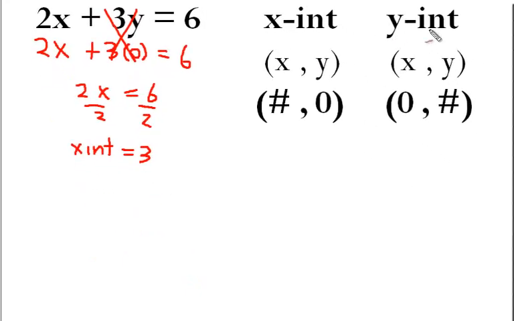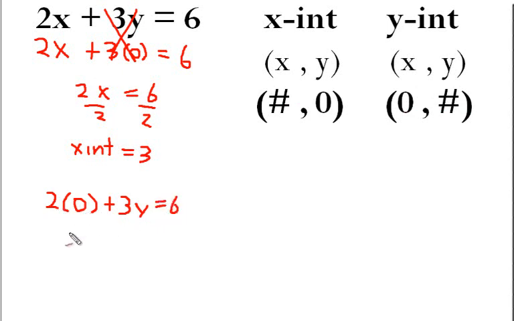Doing the same for the y-intercept now, we're going to plug in 0 for x because we know the y-intercept is at the point where x equals 0. Alright, so rewriting our equation, we have 2x, which we're plugging in 0, plus 3y equals 6.